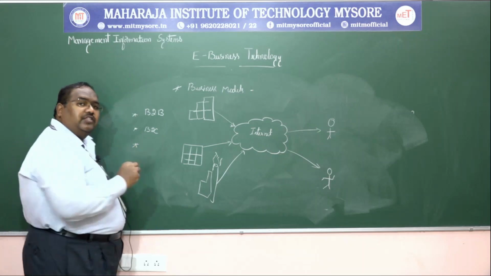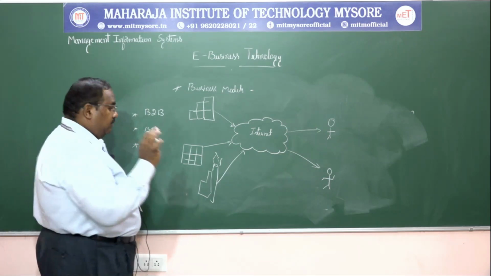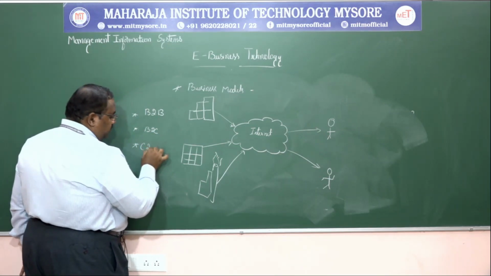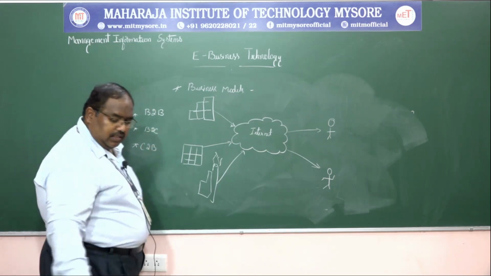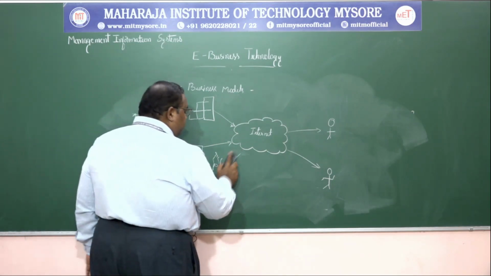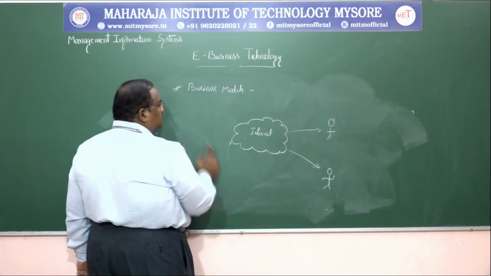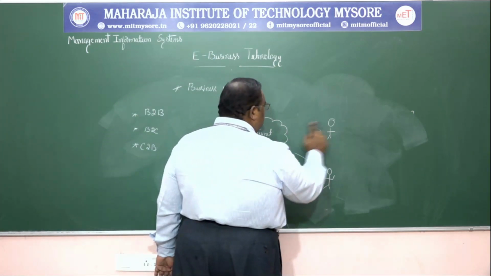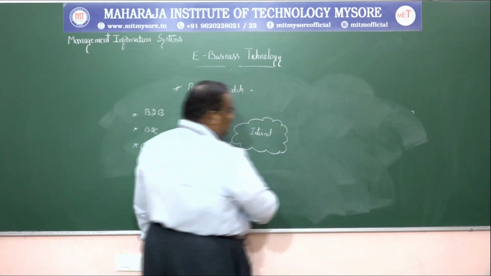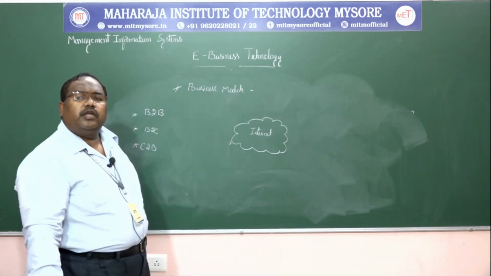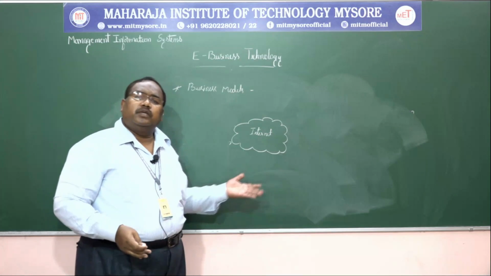Next we have the third model, that is customer to business. Now again the internet remains the same. I retain it. Let us represent. Now here, customer to business.